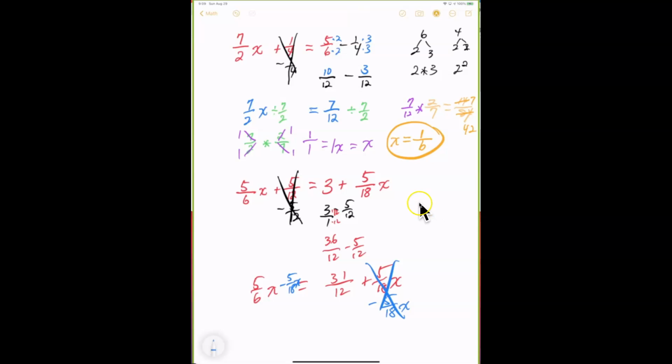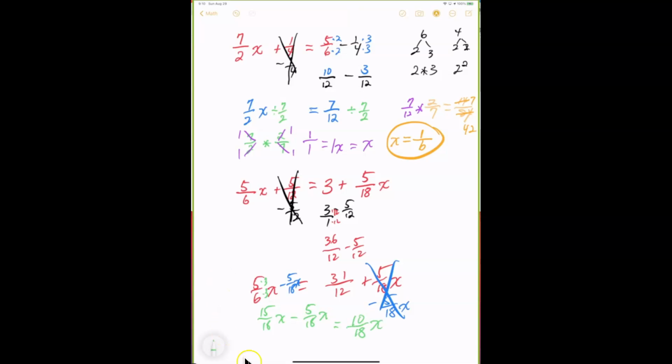So what we need to do here is convert this fraction 5/6 to eighteenths. And in order to produce 18 from 6, we have to multiply it by 3. So let's multiply the top and the bottom of this fraction by 3. And we'll get 15/18 x minus 5/18 x, which will give us 10/18 x.